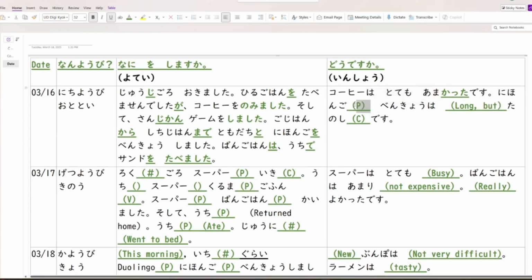But let's figure out this particle here. 日本語 ... is it the subject? This whole thing is the subject, because the wa follows it afterwards.